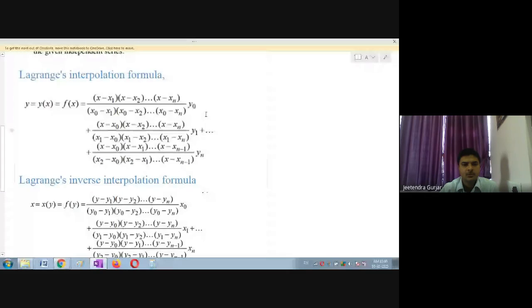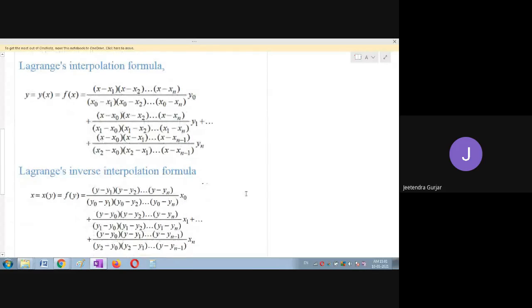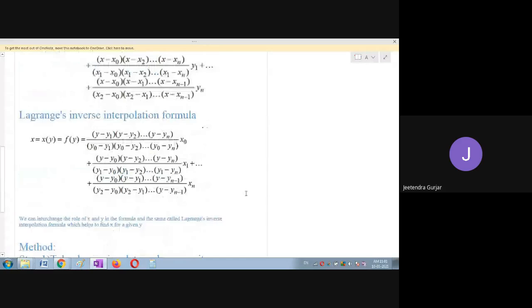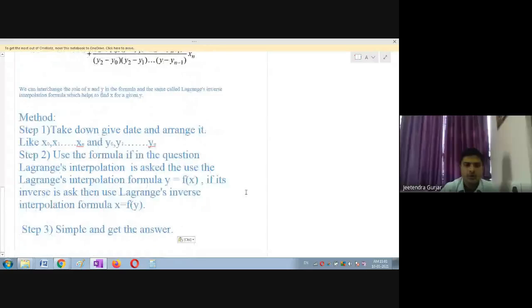Whereas x is equal to x of y, that is f of y, gives you Lagrange's inverse interpolation formula. We can interchange the roles of x and y in the formula, and it is called Lagrange's inverse interpolation formula, used to find x for a given value of y.